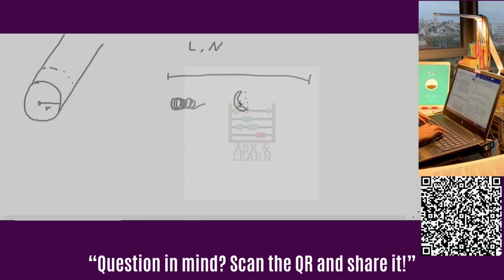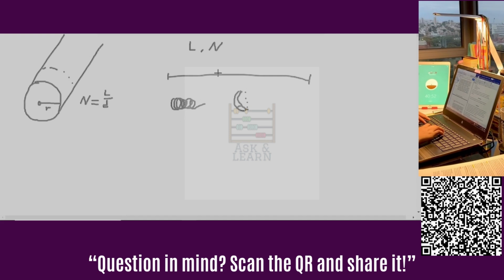If they are basically touching, the number of turns that we get, N, is going to be equal to the total length divided by the diameter. That's N, the number of turns.